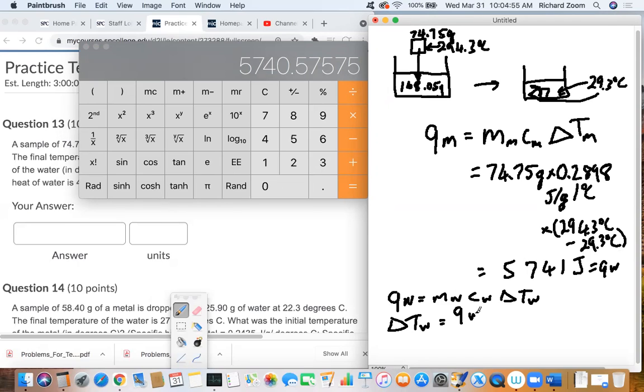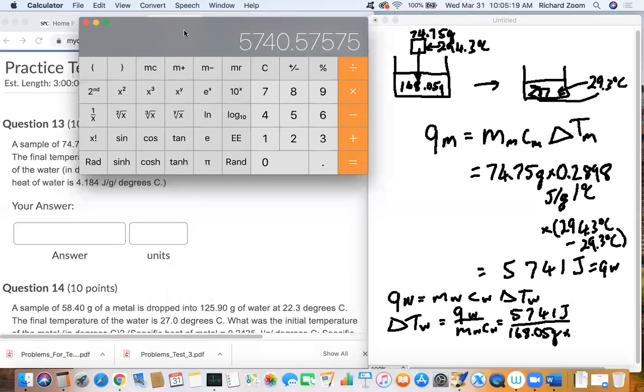It's going to be Q of water over M of water times C of water. Now the Q is 5,741 joules. The mass is 168.05 grams. And the heat capacity, I think it's 4.18 here. I just want to make sure. 4.184.